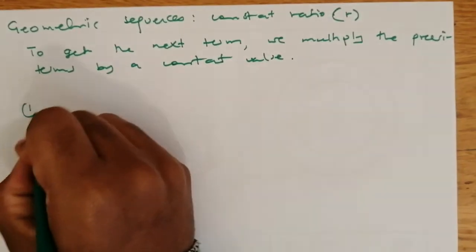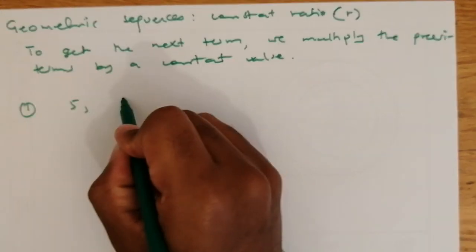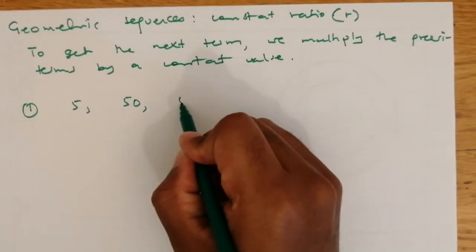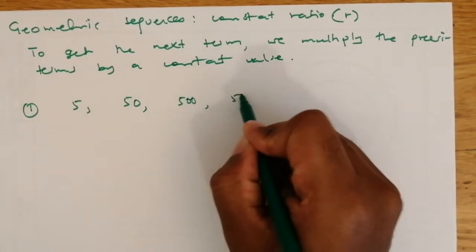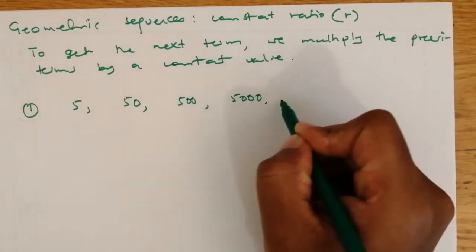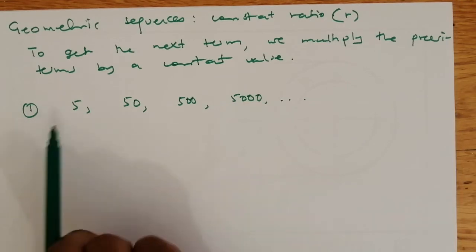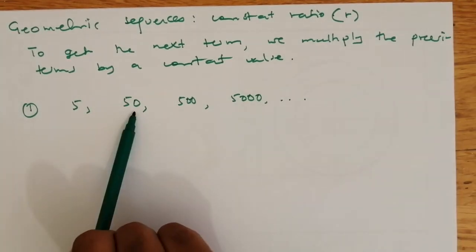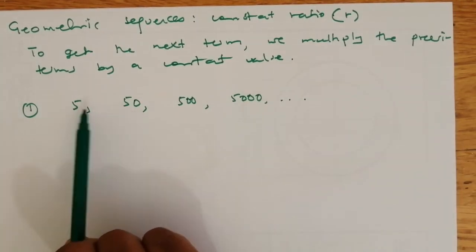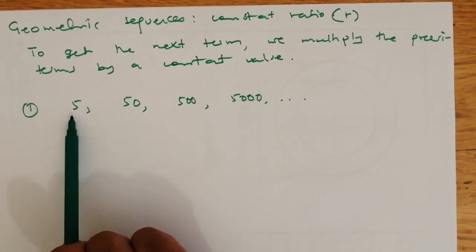Like, for example, let's say we've got 5, 50, 500, 5,000, right? So let's say we've got this sequence right here, and then you are asked to determine whether this is a geometric sequence or not. To get the next value, we need to multiply the previous value by a constant value.